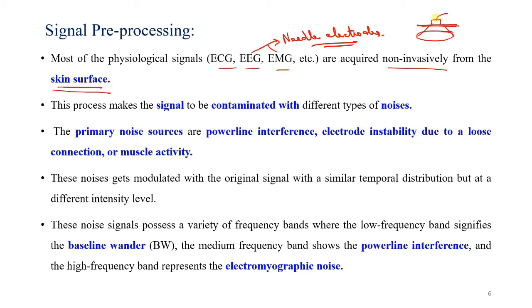Okay. On the contrary, if we use needle electrodes, as the name suggests, they are pointed electrodes. They will be pierced within the human body. Say I want to analyze the EMG signals, I can put this needle electrode in such a way that I can get the EMG information from a specific muscle fiber or from a specific region.